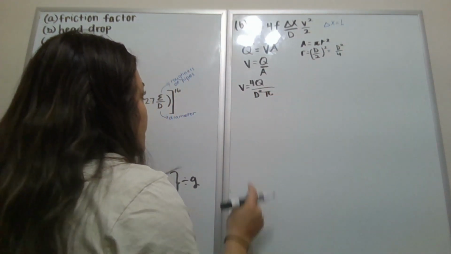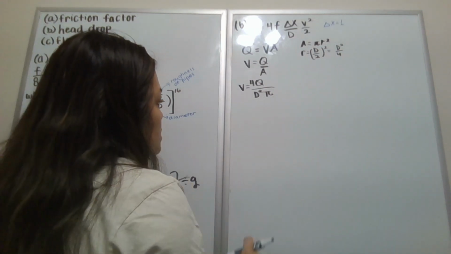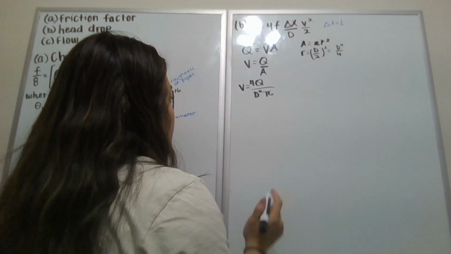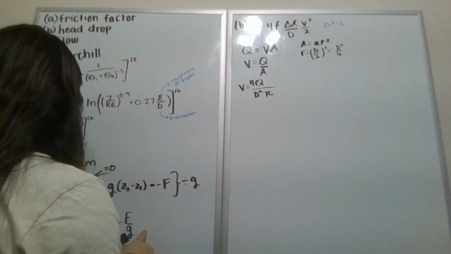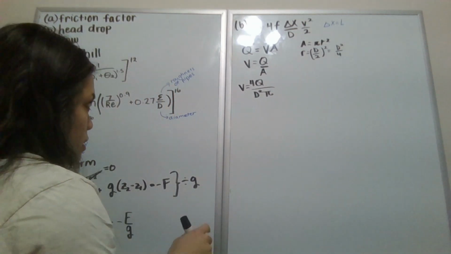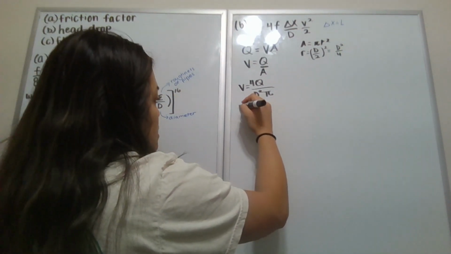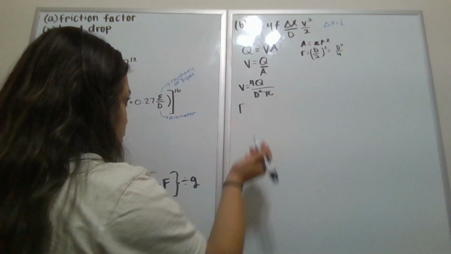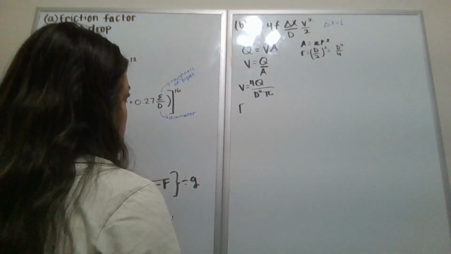Then, using the fact that we know that with the head drop and the head form it's the frictional heating, we're now moving on to the flow part.